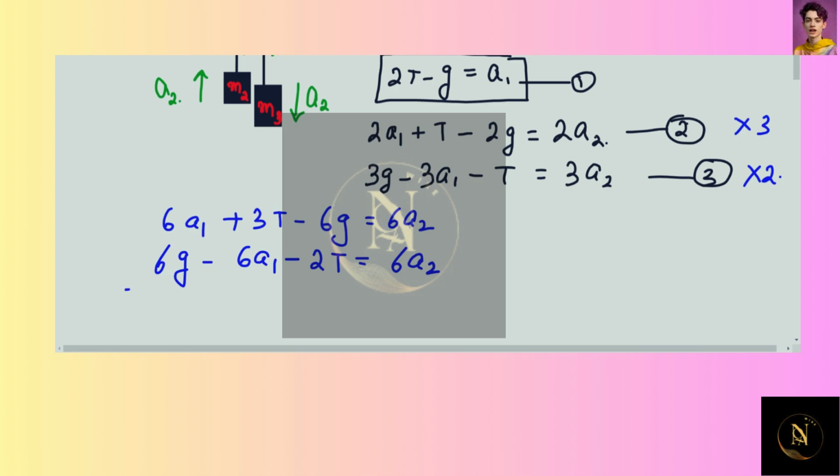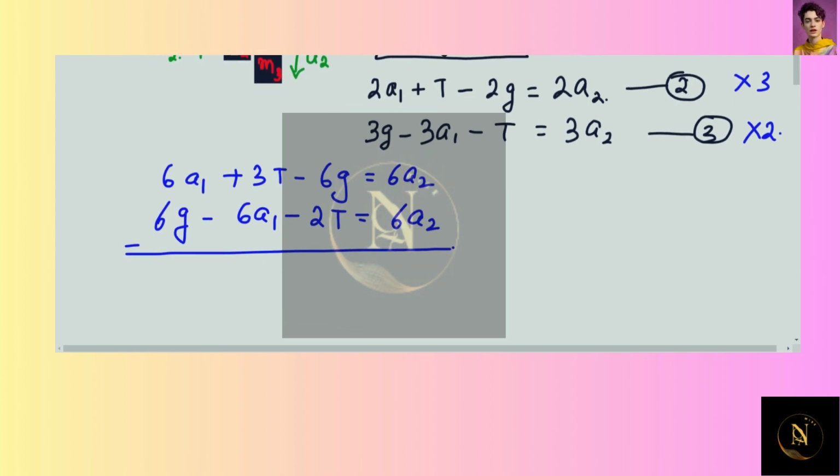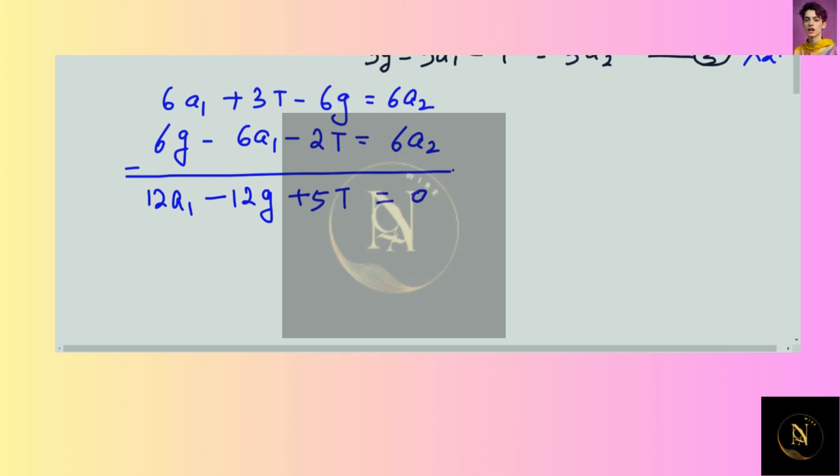Now we subtract these equations. After subtraction, we get 12A1 minus 12G, and then 3T plus 2T, that is 5T, and on the right we get 0.